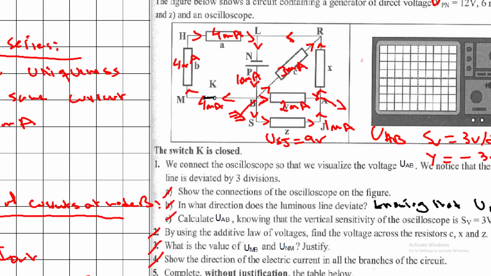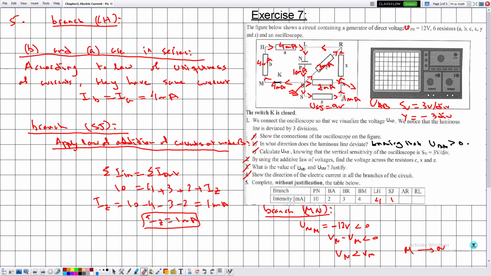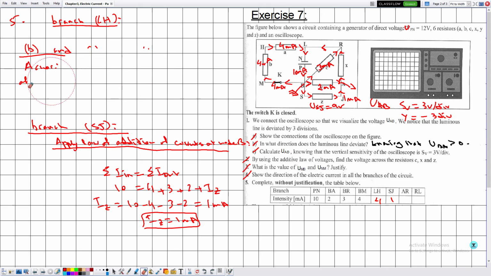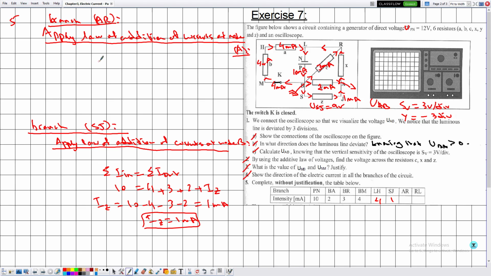Now as for AR, we are interested in applying the law of addition of currents at node A. So summation of I in is equal to summation of I out.